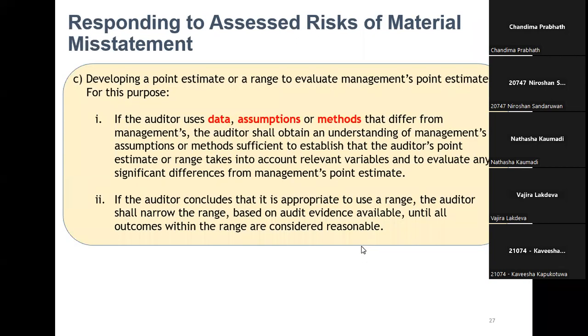Then, if that is also not feasible or appropriate, you develop a point estimate or a range. A point estimate you will compare with the management point estimate. If it is a range, you will see whether the management point estimate falls within this range. So these are the three approaches an auditor could take at high level, right?